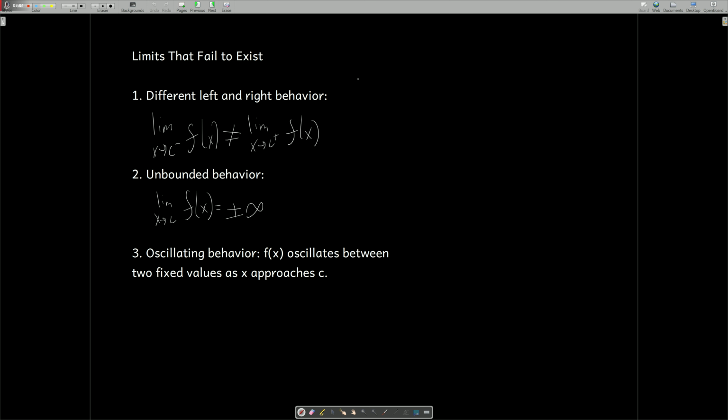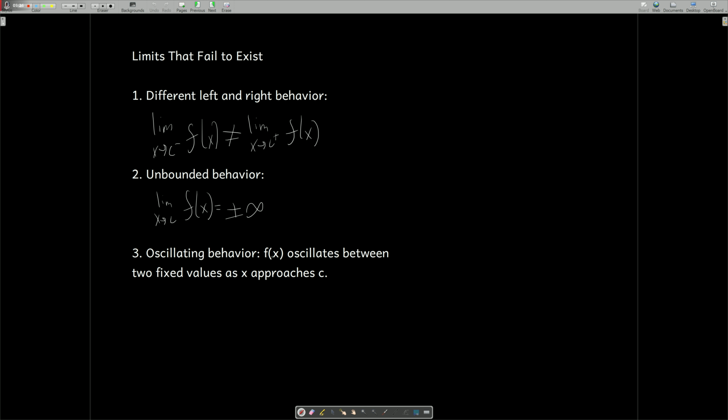Sometimes limits will not exist. For example, there's different left and right behavior. So when you're approaching from the left and you're approaching from the right, you do not get the same number. The limit does not exist. Unbounded behavior: if you're approaching infinity from one side and negative infinity from the other side, the limit also would not exist.